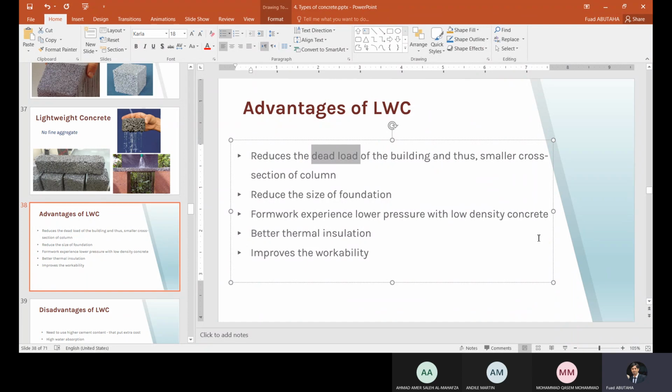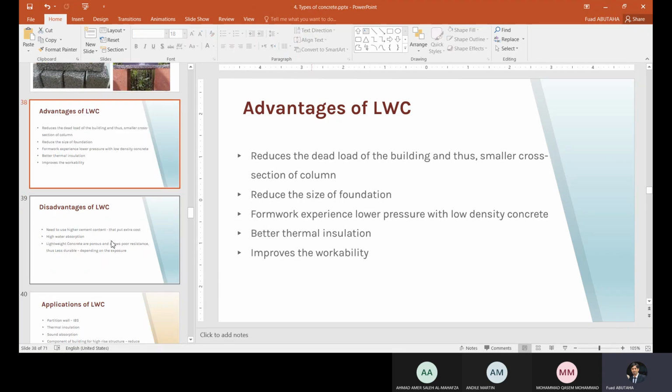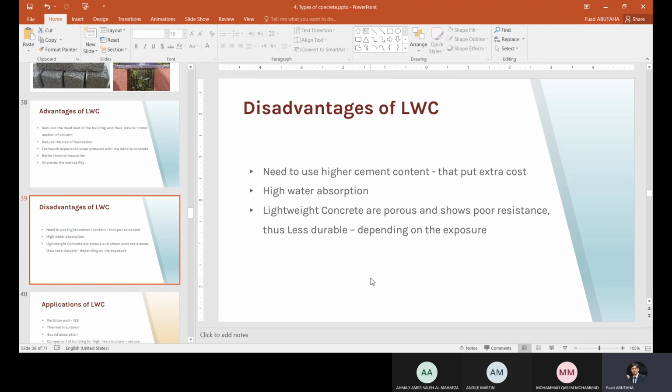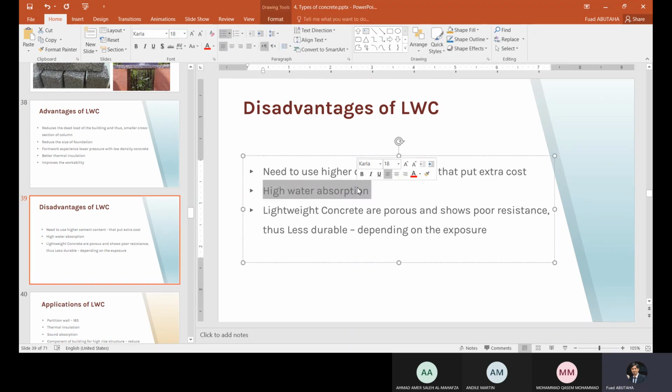Formwork experiences lower pressure with low density, and there is better thermal and sound insulation also. It also has good workability properties. The disadvantages: it has high water absorption, which is not good for the concrete because it allows water to penetrate and could reach the steel bars, and failure will start.